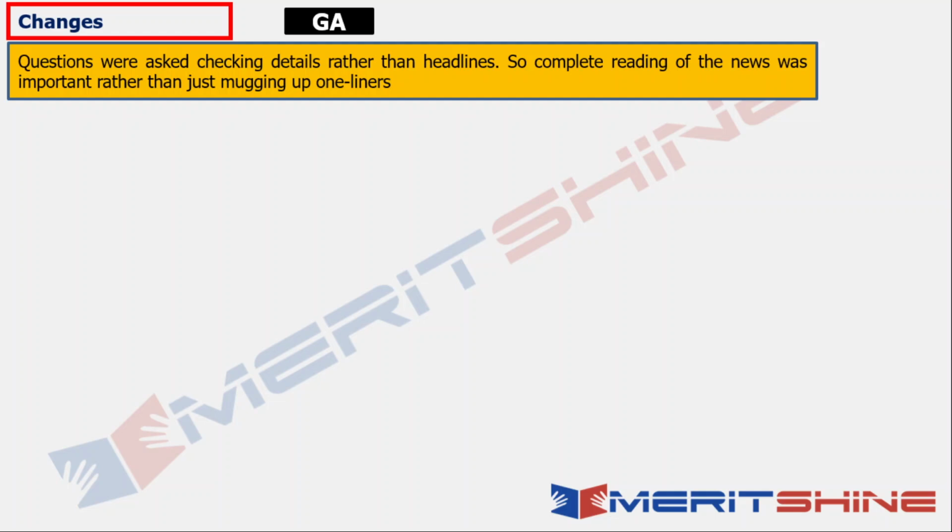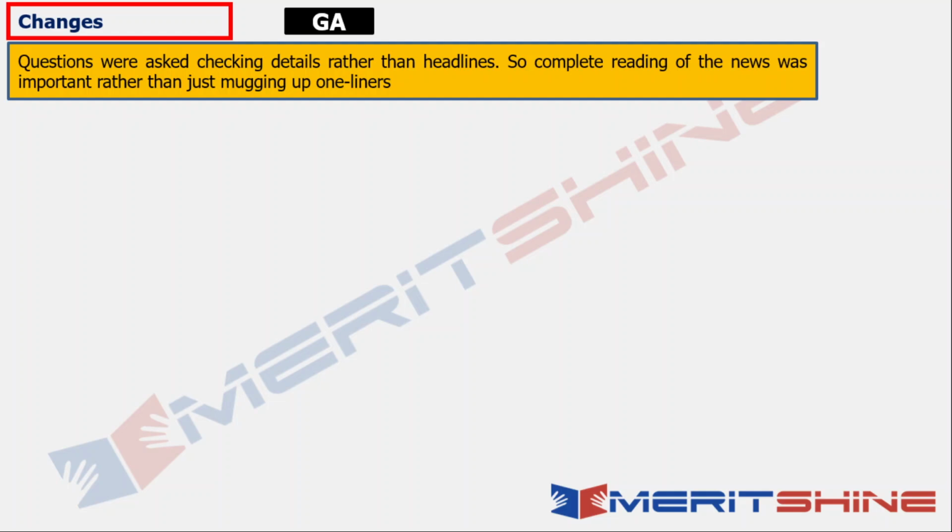Just 1 month before the exam, every day you just start mugging up and you're done. But then this year, because the focus was in news, therefore, your ability to score such a high score also came down, and therefore we saw so many 30s and 40s out of 80 in that score, and that would have been enough also. Even a 30 might have been enough for a person to sail through. Whereas in earlier years, some people even fell short of the overall cutoff, even if they had scored 50 in the GA section. So that's there.